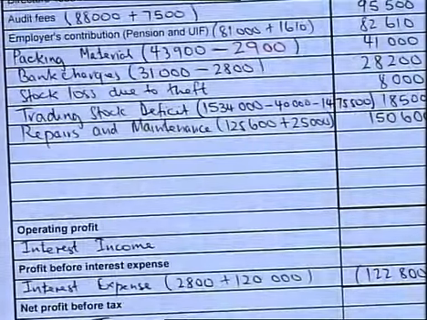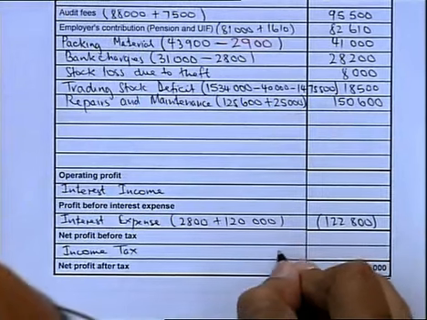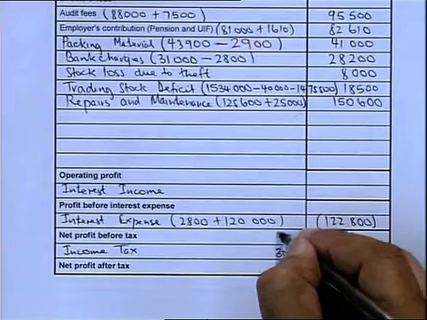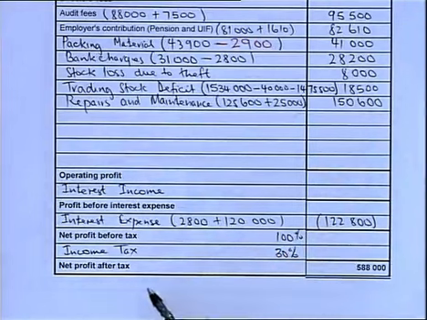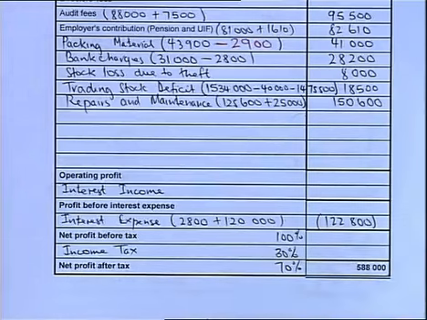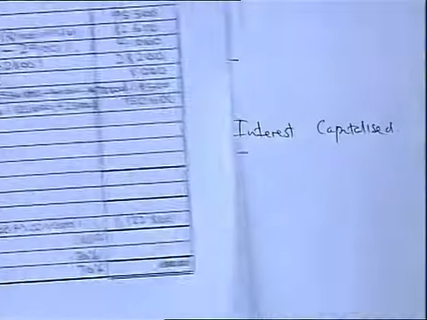So if we go through the income statement quickly, it says that the income tax is 30% of the net profit before tax. So that then becomes 100%. Meaning that the net profit after tax is therefore 70%. So 70% of a figure gave us 588,000.